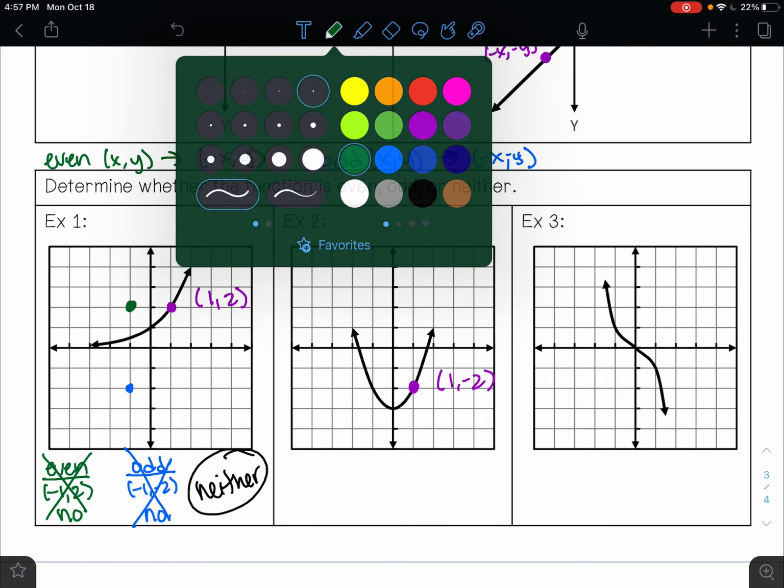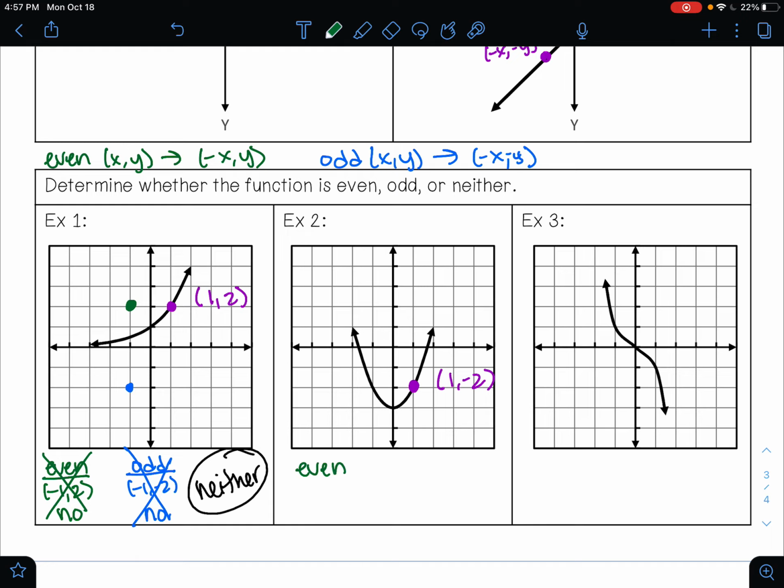If this function were to be even, then the point (-1, -2) would also be on the graph. Is the point (-1, -2) on the parabola? Yes, it's right here. So this is an even function.